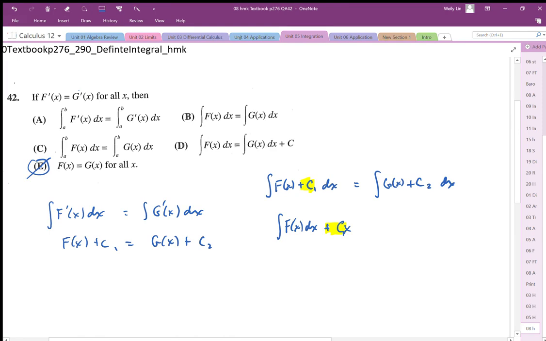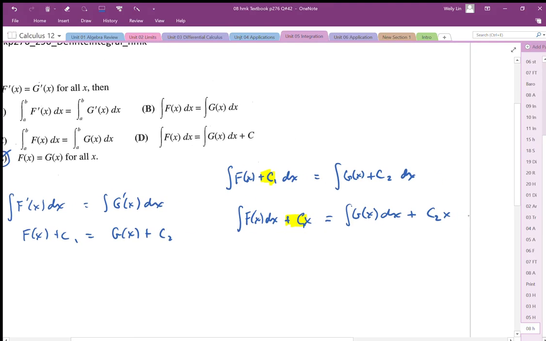And then the c2 also becomes a cx term, and then we have another plus c here. So this plus c, which I'll highlight in blue, does account for that, but it doesn't account for the other two c's here.